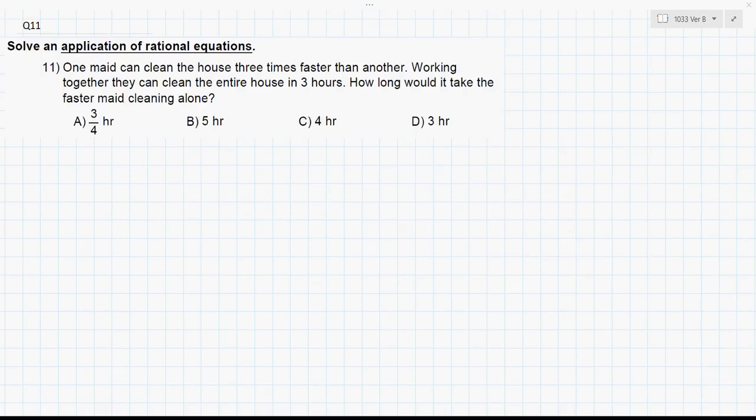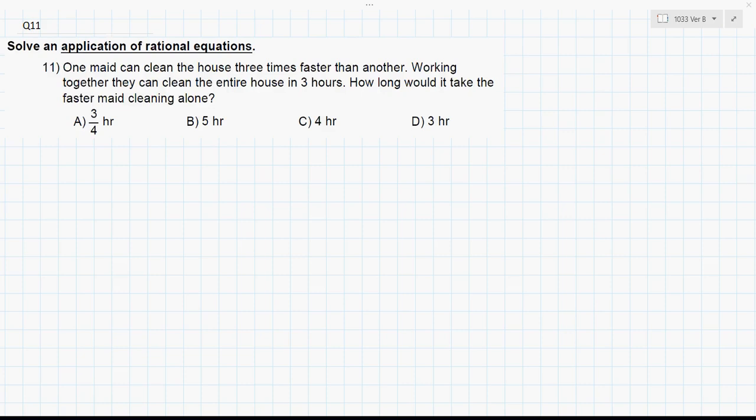All right, so this is another word problem. If one maid can clean a house 3 times faster than the other, working together, they can clean the entire house in 3 hours. How long would it take the faster maid to clean alone? This is similar to the question of how many widgets can so-and-so make versus how many widgets can so-and-so make per hour.